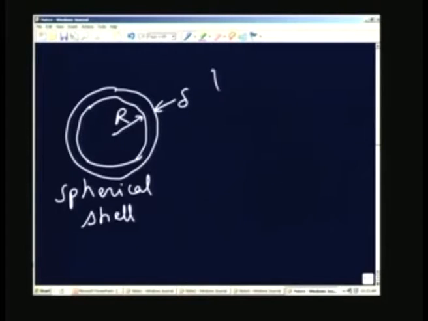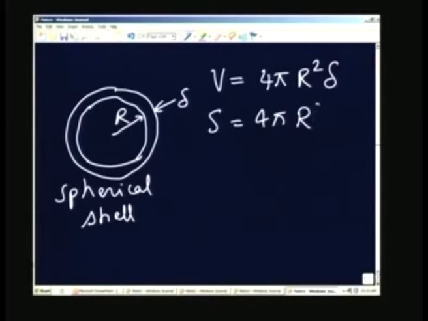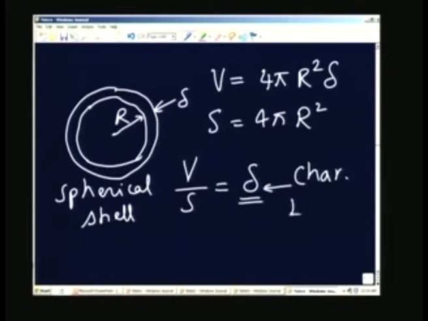So, we can see that volume is equal to 4 pi r squared delta, and the surface area is 4 pi r squared. So, the volume to surface area ratio is nothing but equal to delta. In fact, we will be referring to this as the characteristic length.